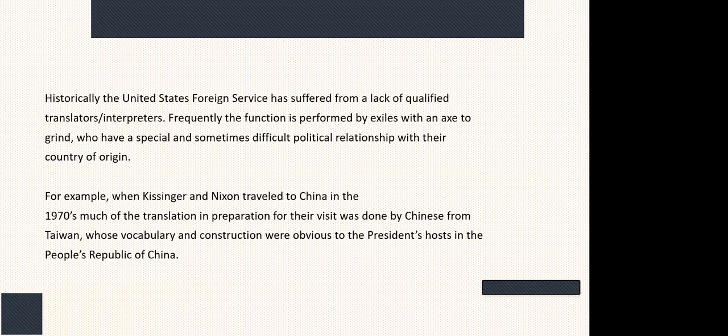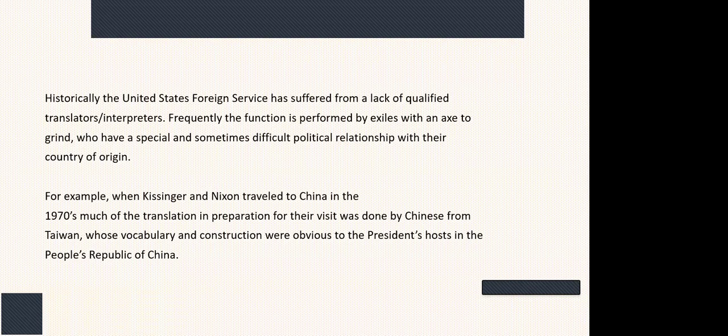Look at this case here. Kissinger and Nixon. This is an example that's in the past. The reason I prefer to refer to the past is because I don't want to talk about what's going on right now, because at present we have the uglier examples of these cases, right? When Kissinger and Nixon traveled to China in the 70s, the translation, most of it in preparation for the visit, was done by Chinese from Taiwan.